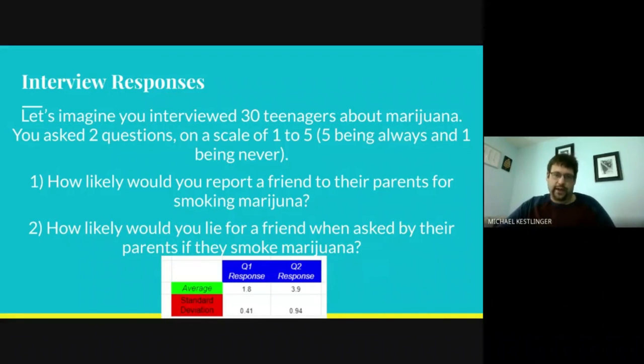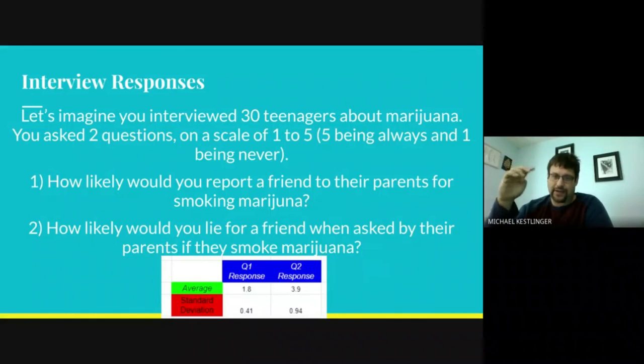Everyone really gave an answer between 1 and 3, mostly 1s and 2s. But there was a consistency. Everyone was on the same page with giving a 1, 2, or a 3. Whereas if I see a standard deviation of 0.94 on a 1 to 5 scale, that means that most people fit a 2-point region.